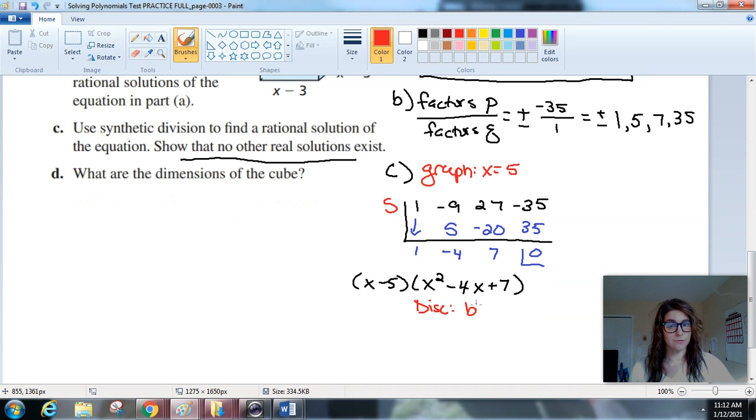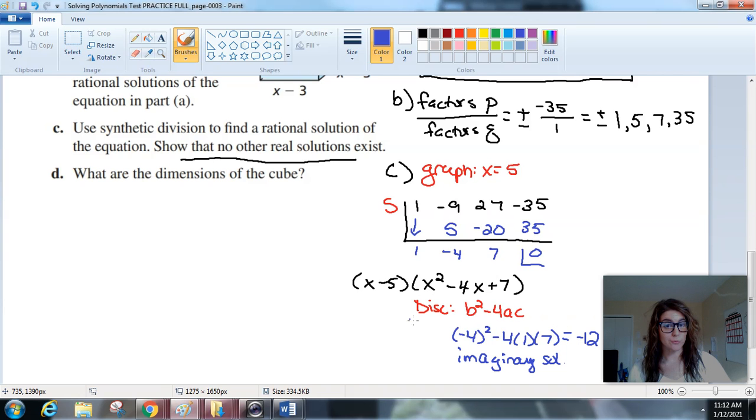Discriminant, again, is b squared minus 4ac. So we use the values that we have. And you would find that your discriminant ends up being a negative 12. Because it's a negative discriminant, this proves that I have imaginary values. Or imaginary solutions.